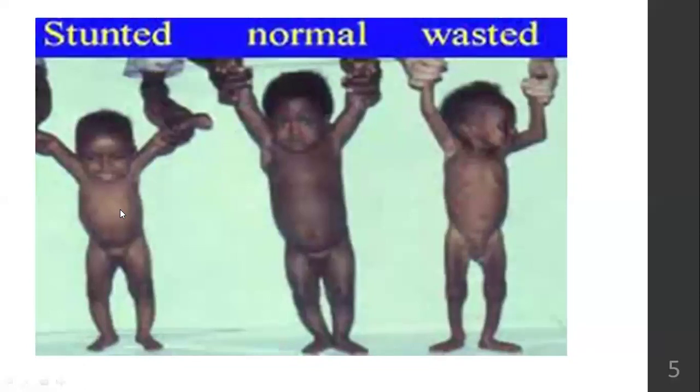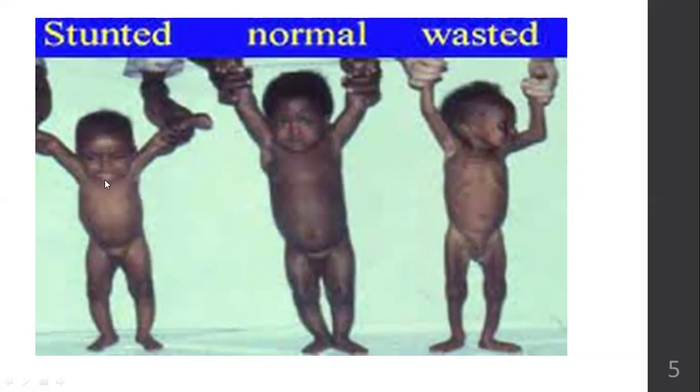Other forms of malnutrition: the child in the center is of a certain age, and this is the normal height and weight gain of a child. The child on the left side is stunted, meaning this child has not attained the same length or height as per their age, but there is not much change in the weight gain.